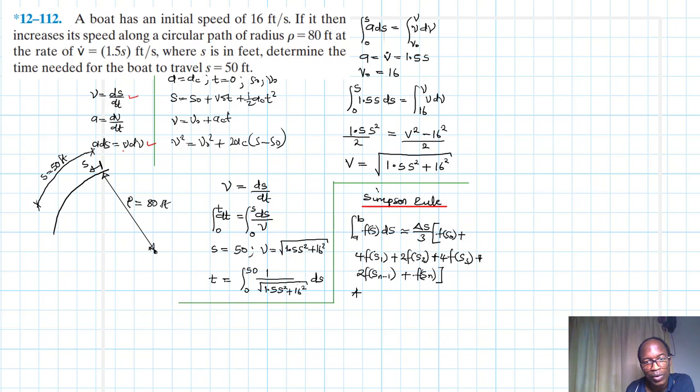Where del s is equal to b minus a divided by n, and n is equal to the number of even subdivisions.